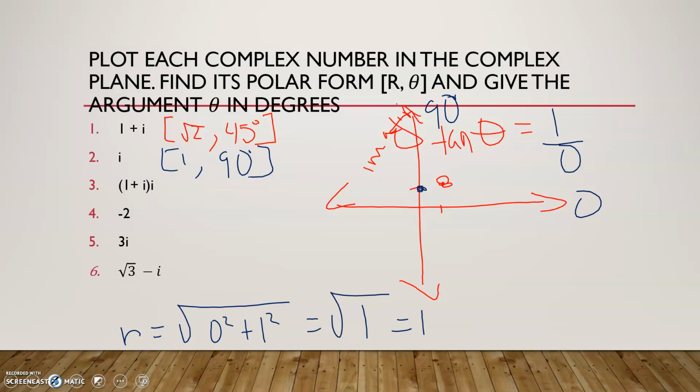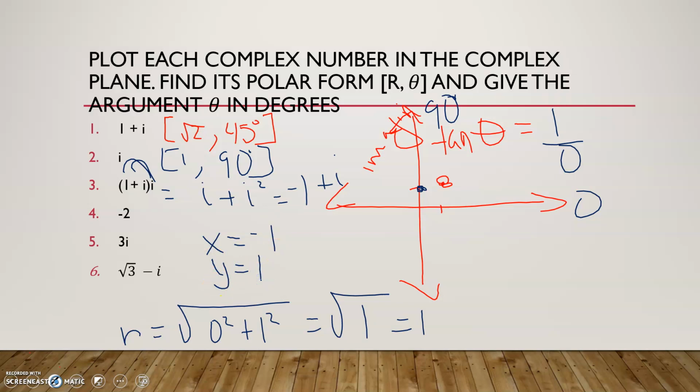For the next one, I need to go ahead and distribute this i through. And when I do, I get i plus i squared. Well, recall that i squared is really equal to -1. So I get -1 plus i. That means that my x is -1 and my y is 1.